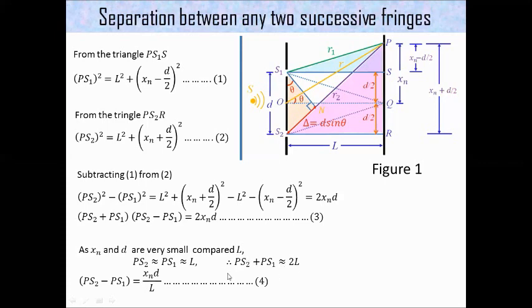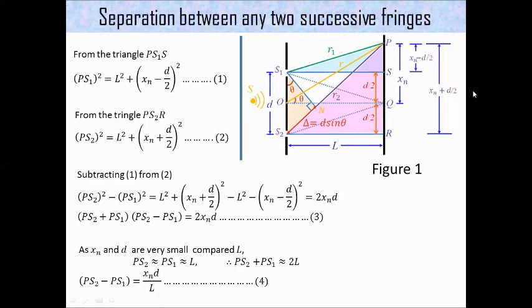Substituting this value, PS2 plus PS1 approximately equal to 2L, in equation 3, one can write PS2 minus PS1 equal to xn d divided by L. So this is equation 4.